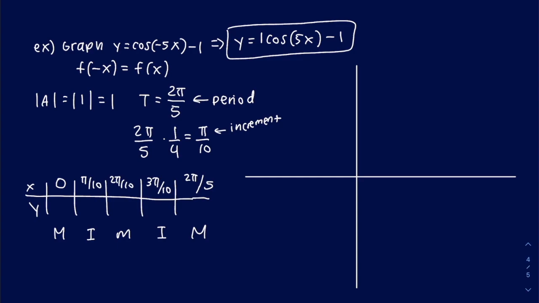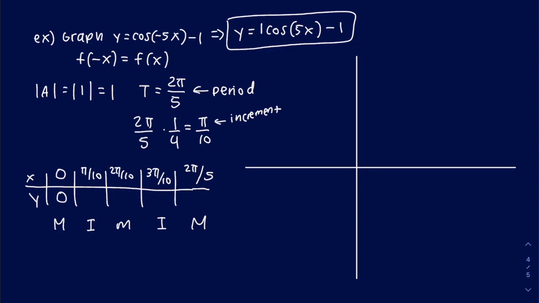However, we are shifting it down 1 unit, so that's becoming 0. Our intercept is usually 0. However, since we're shifting down 1 unit, it becomes -1. And then our minimum value is the negative amplitude, which is -1. However, we are shifting down 1 unit, that becomes -2. And then maximum is again 0.